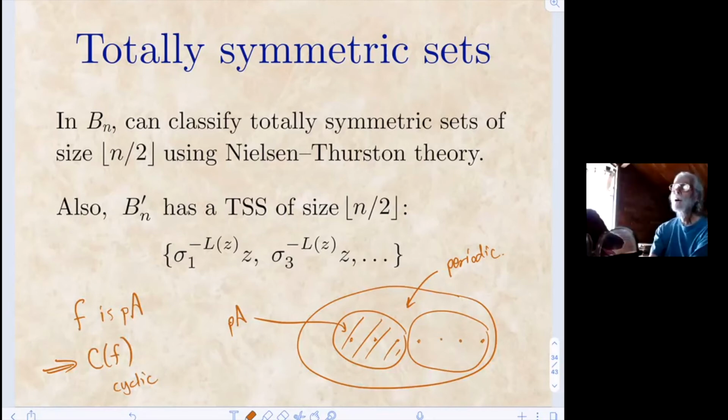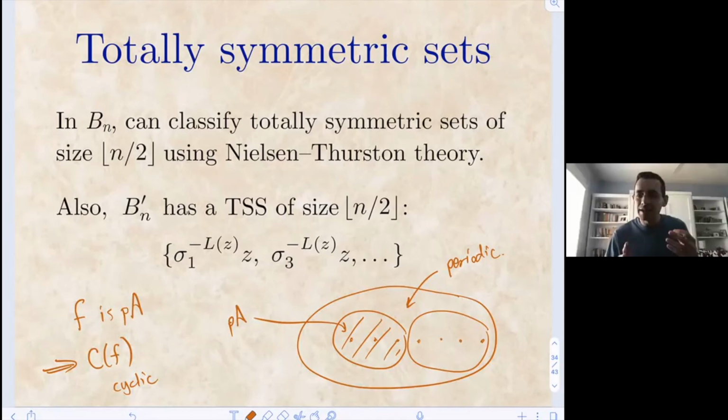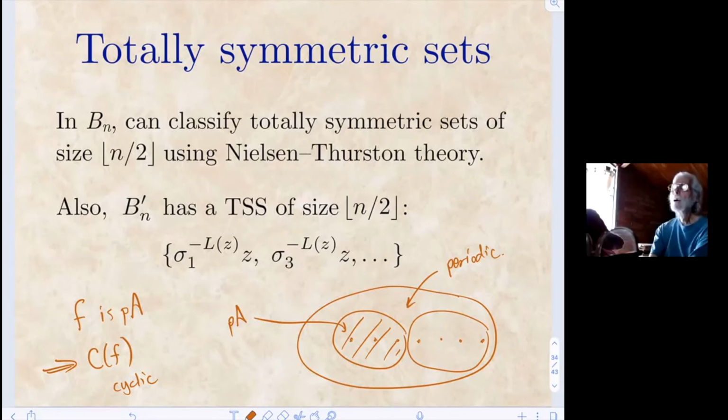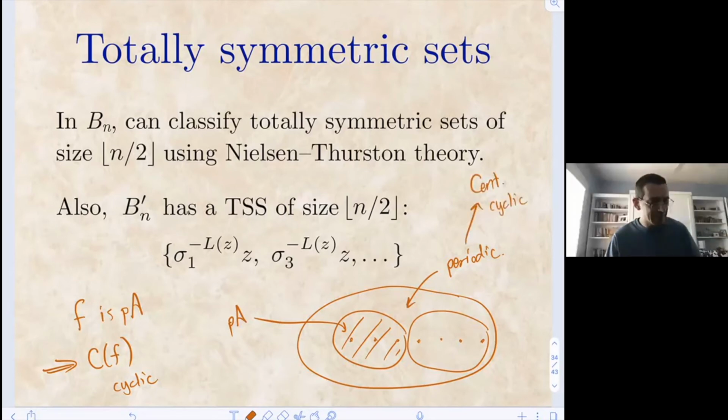You basically break up into pieces, and each piece you understand. Also here, the centralizer is also cyclic, usually. That one's a little bit more complicated. But the point is, it's like a Jordan normal form for a mapping class, where it breaks it up into pieces that you have pretty good control over.